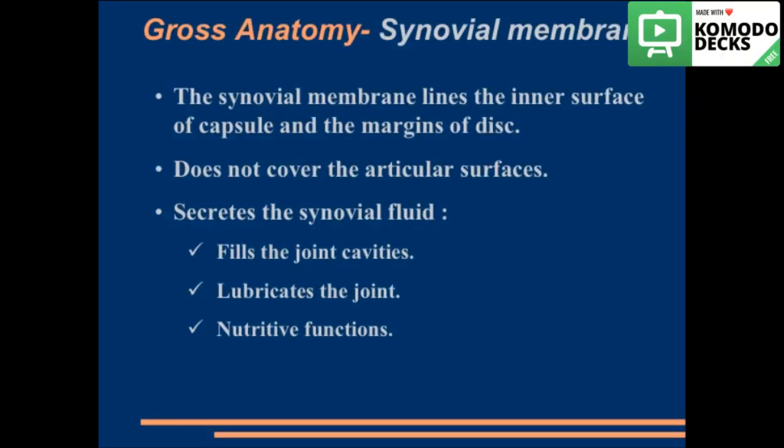The synovial membrane lining the inner surface of the capsule and the disc does not cover the articular surfaces, and it secretes the synovial fluid that fills the joint cavities, lubricates the joint, and has a nutritive function.